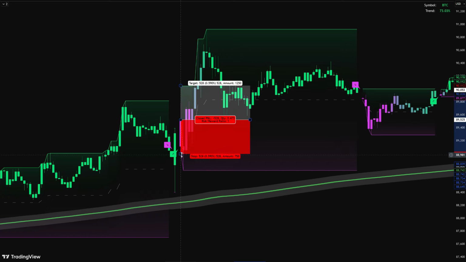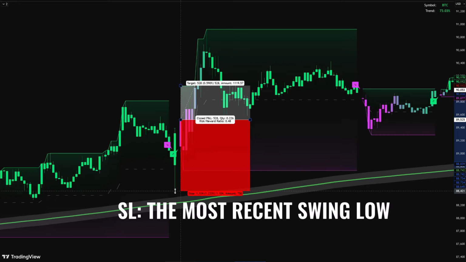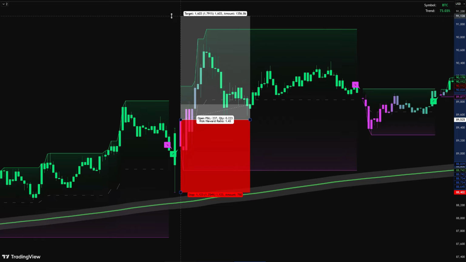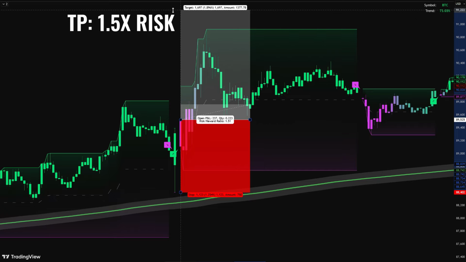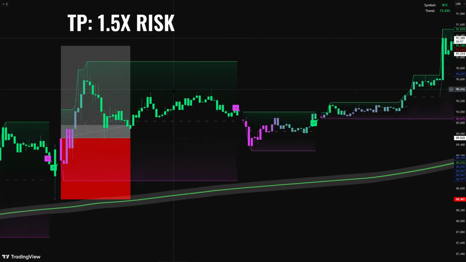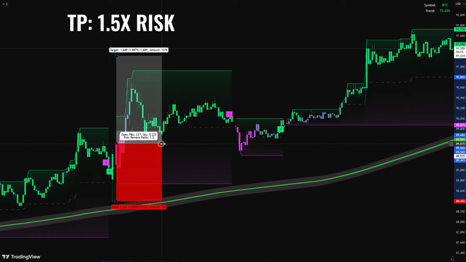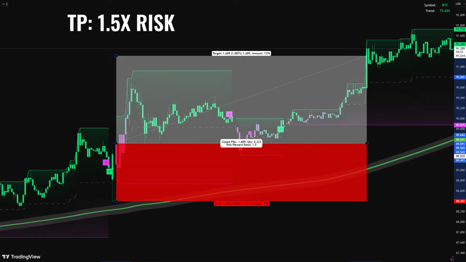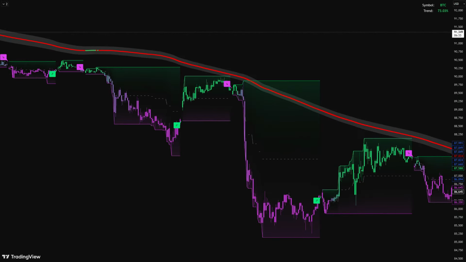For a buy trade in an uptrend, the stop loss is placed slightly below the most recent swing low or near the lower border of the trend indicator. The target is set to 1.5 times the risk. This does not change. In a downtrend, the logic is exactly the same, just reversed.